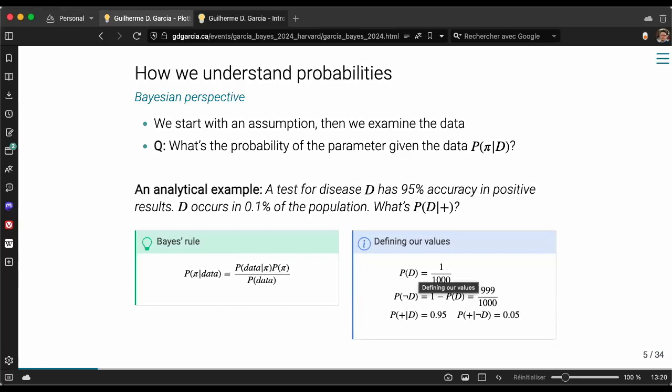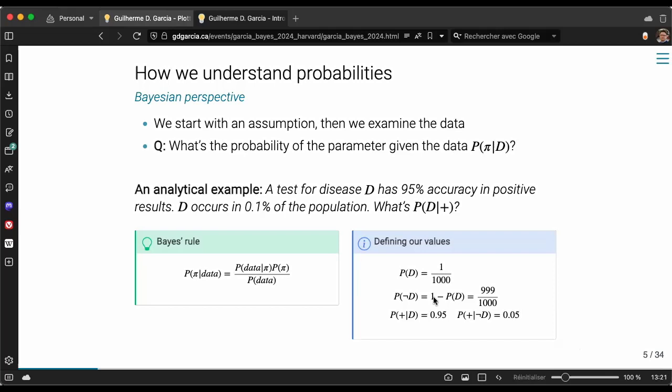And we want to know, I take the test, I get a positive, do I have the disease? What's the probability that I actually have it? This is one of those situations where the answer is counterintuitive to 99% of the population, because most people would say it's probably very high, like a 90% probability that I have the disease, right?